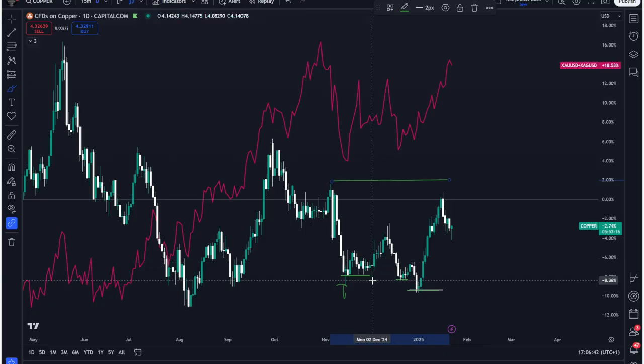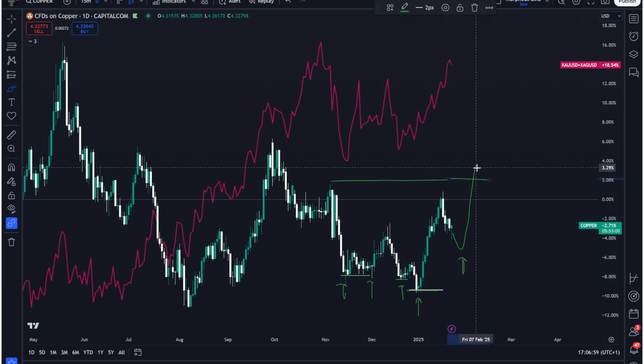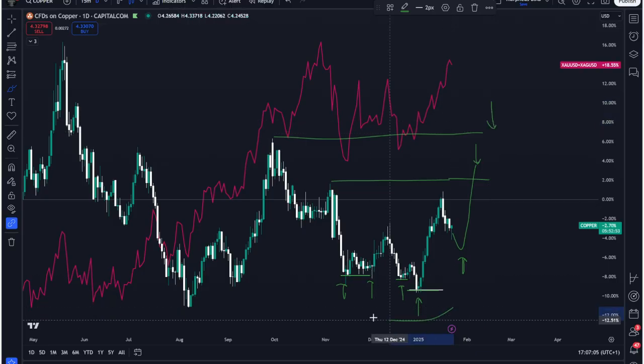It's impossible. We are talking about huge volumes. So they will fragment their orders, and they will start to scale their orders, accumulating and distributing price.